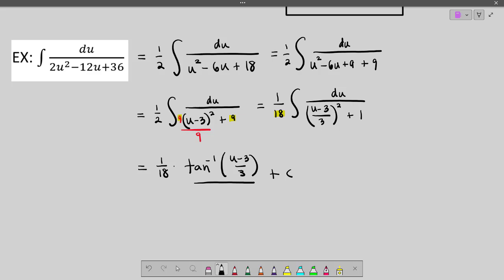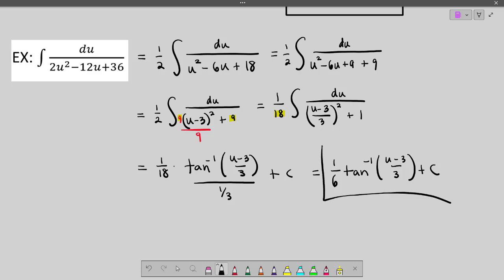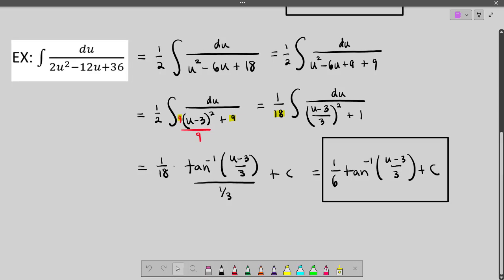Right? That's 1/3 u minus 1. Its derivative is the slope, which is 1/3. So if we cut to the chase, we would end up getting this. All right, so that's how we would do it with the reverse chain rule.